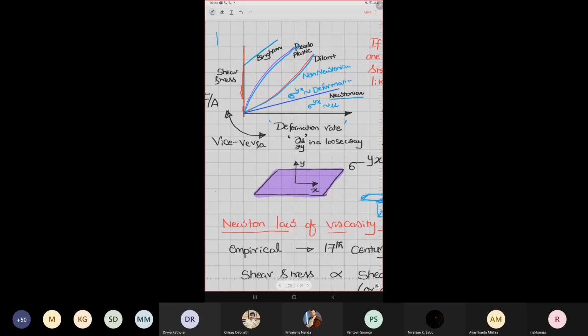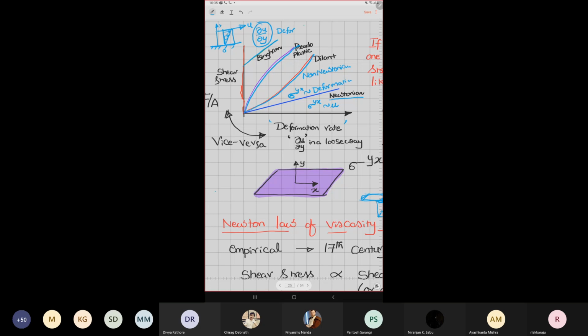Deformation means you apply velocity u here. This is zero velocity and this is the y direction. So how du by dy, or del u by del y, varies in the upward direction. You measure it and call that the deformation rate.